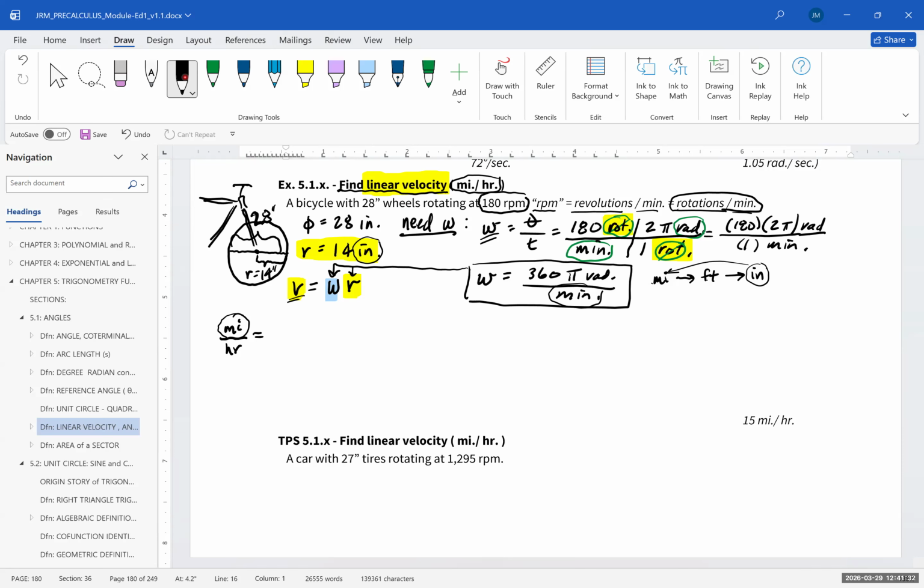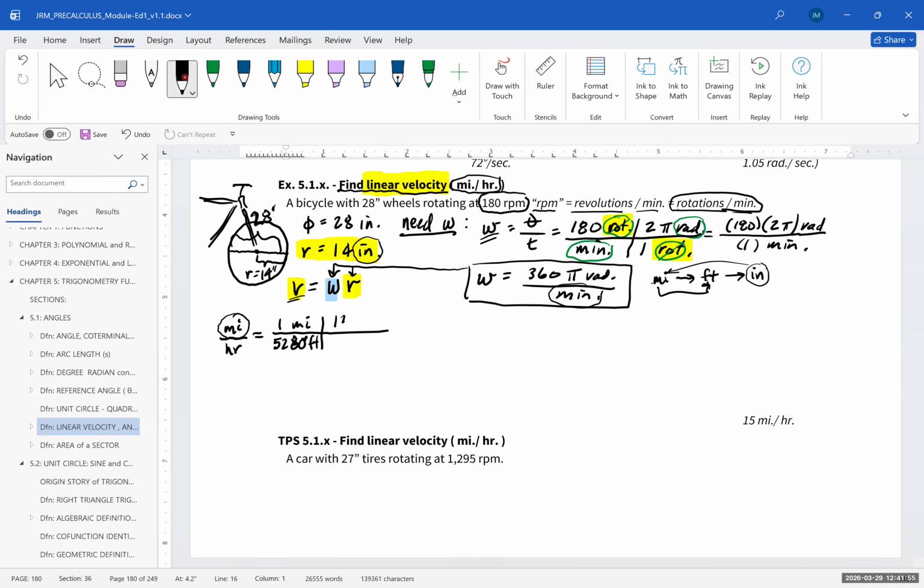So let's start with a known. We know that 1 mile has 5,280 feet. So that does that conversion.